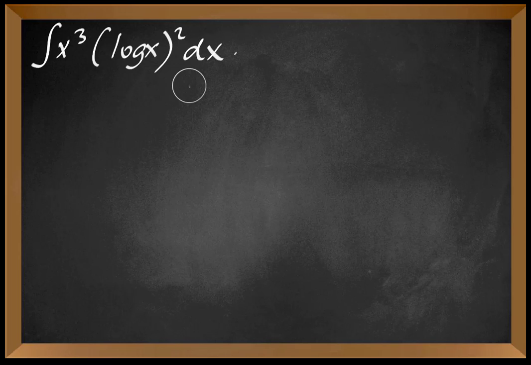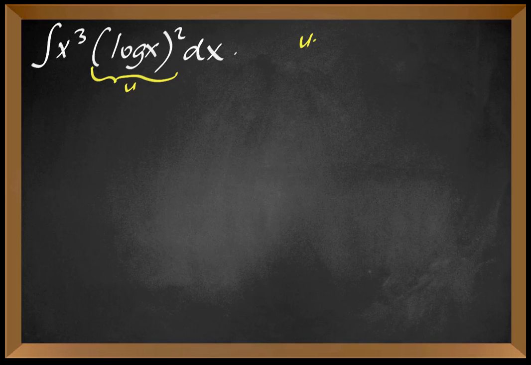So we have to assume two parts here. Let's take the second quantity in the middle, log of x squared, and we name it u. And the rest will become the derivative of something, dv, for instance.